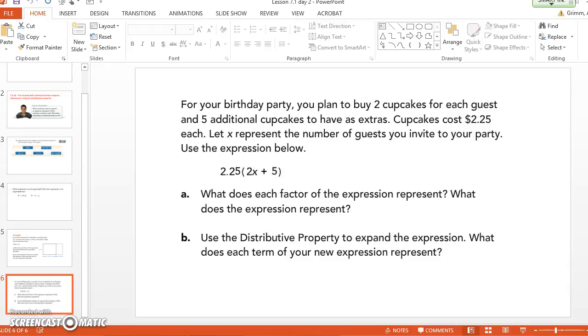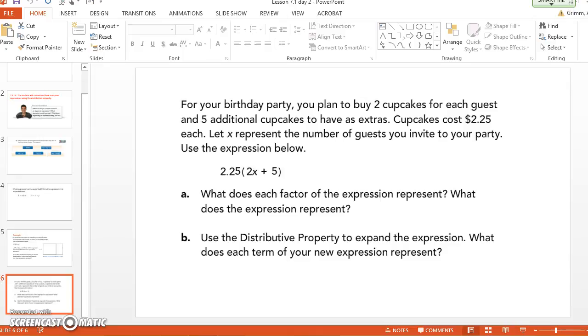Nope. Morgan? So what is just that expression? It says, what does the expression represent? What is that going to represent? The total cost, right? So however many people show up, that will represent my total cost.